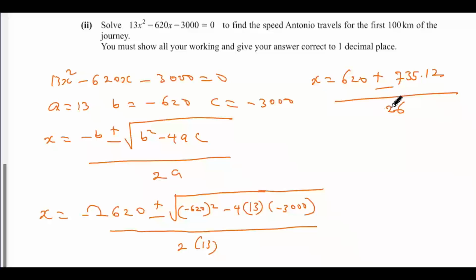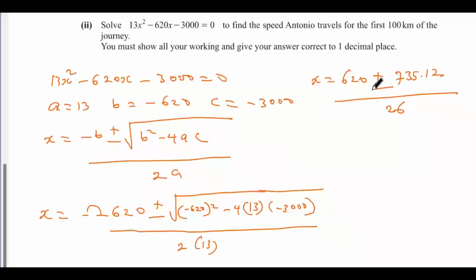Okay, so here we have two values. The first one will be 620 plus 735.12 divided by 26, and the other one is 620 minus 735.12 divided by 26. The one with minus will give us negative, and speed can never be negative.